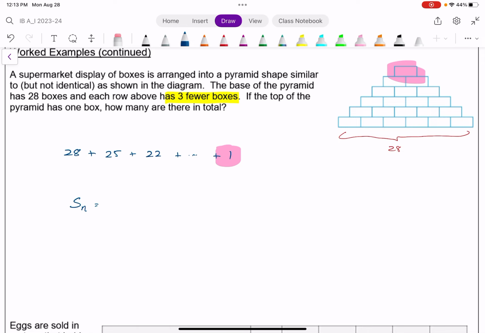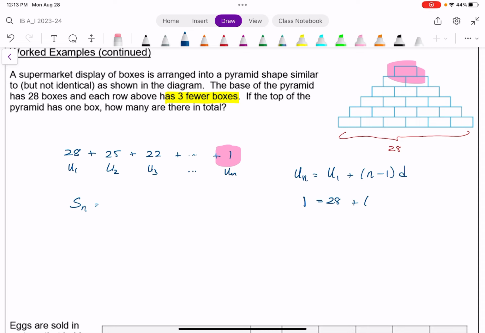And in this case, if I set it up like this, then going back to this formula, the first term I'm calling 28. The last term, the nth term, is 1, because again, if we call this first term, second term, third term, I don't know how many I skipped, so that's the nth term.